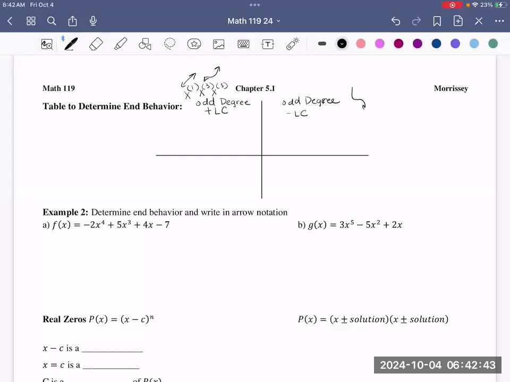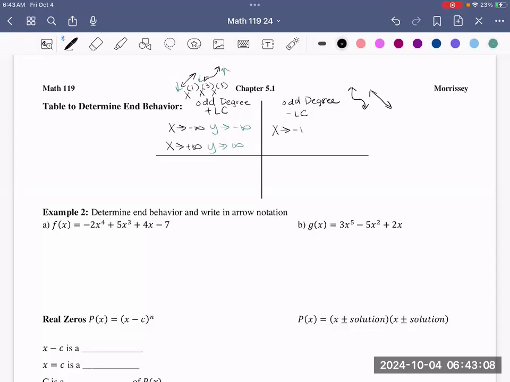So odd degree will either go down or we're a line. Therefore, as x goes to negative infinity, your y value is going down here. Your y value is also going to go to negative infinity. As x goes to positive infinity, y goes to positive infinity. And we can do the same for the other side.